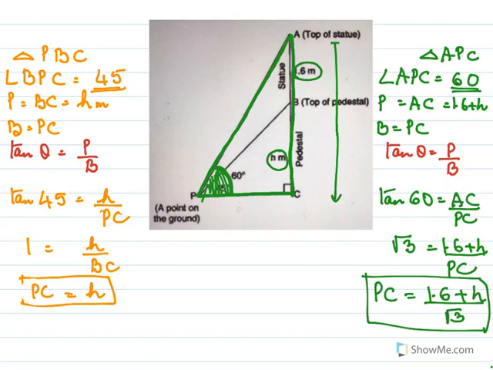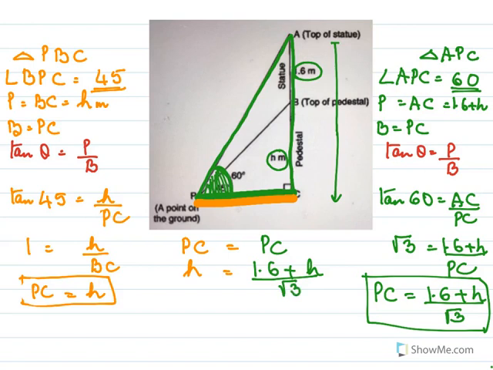Now have you noticed something? I found PC in two triangles. I found PC out here in this triangle, and I also had found PC earlier in the yellow triangle. So let me equate the values of PC. So I will write here now PC equal to PC. First I found PC as H. Here I found as H. And on the other side I found PC as 1.6 plus H over root 3.